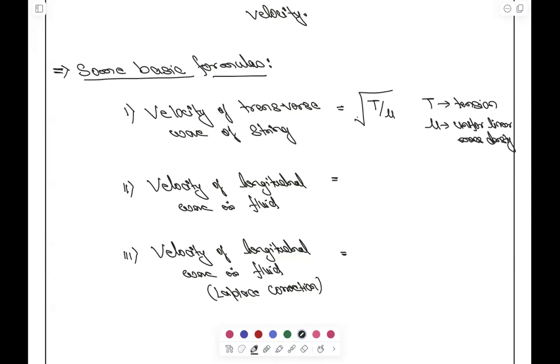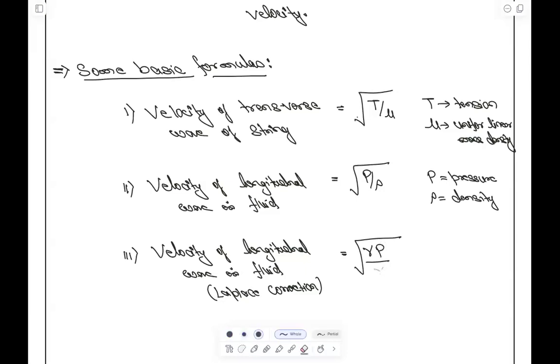Velocity in fluid is root under P by rho, where P is the pressure and rho is the density, obviously uniform density. Laplace has made the correction. He has just written gamma P by rho.